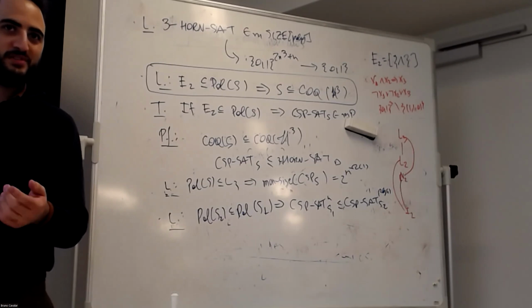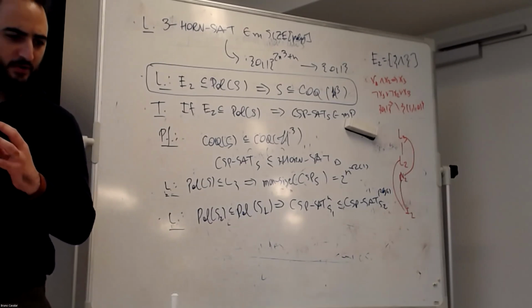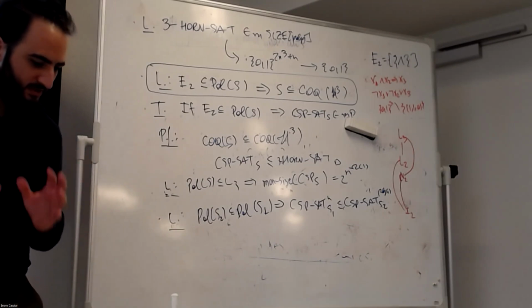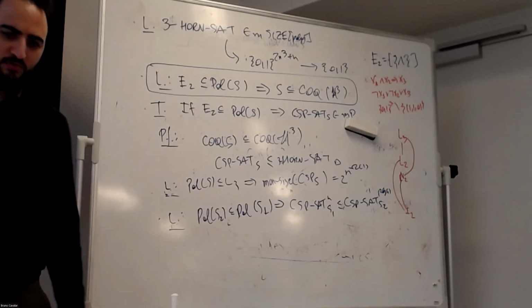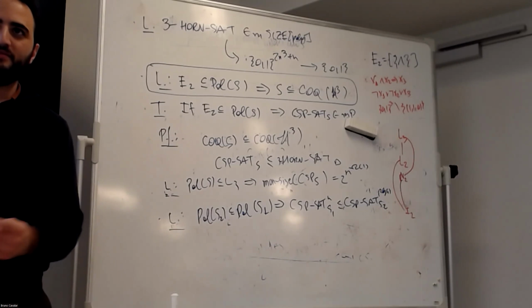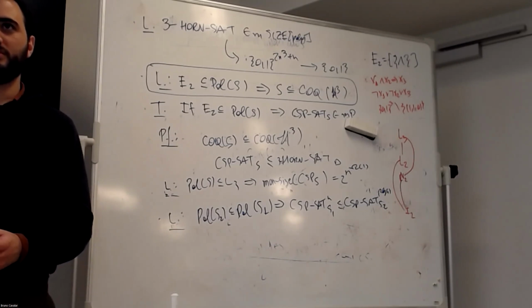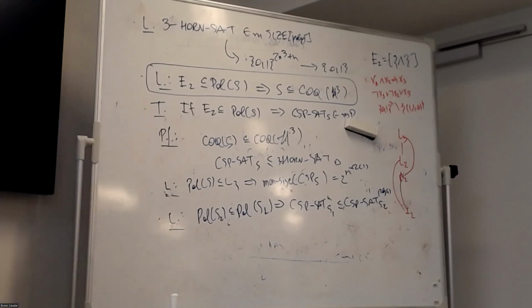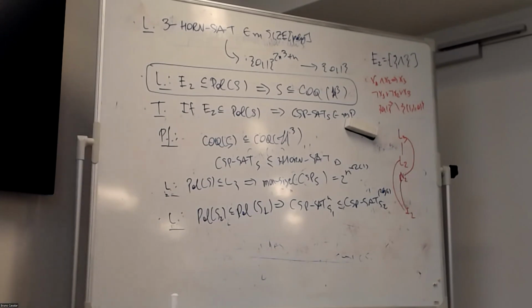Sipser's function was used for some separations between the monotone and non-monotone world, but only for TC0 kind of monotone majority circuits, monotone threshold circuits. But it's not a candidate for that problem that I'm talking about.